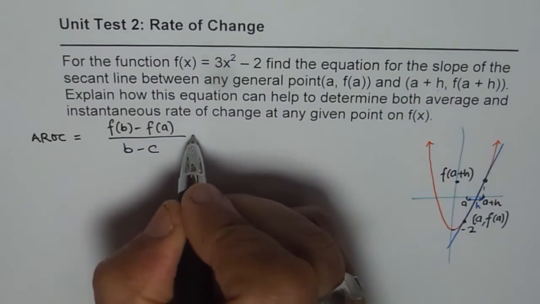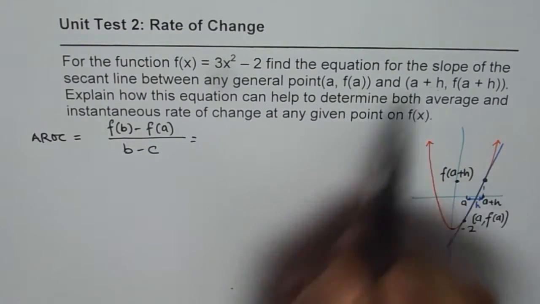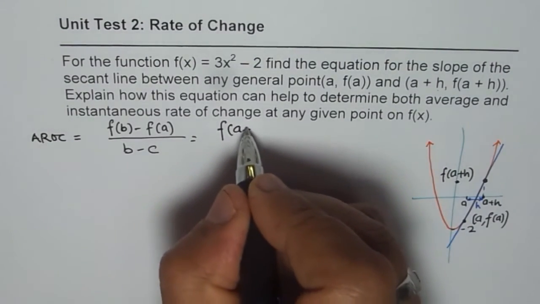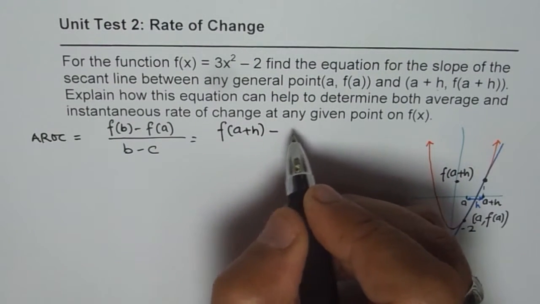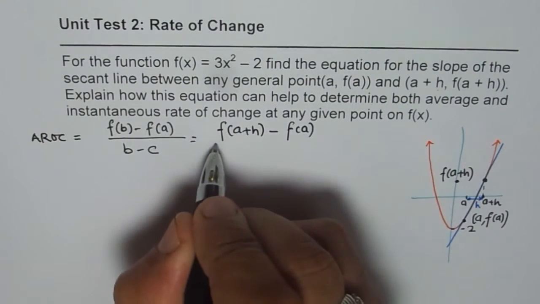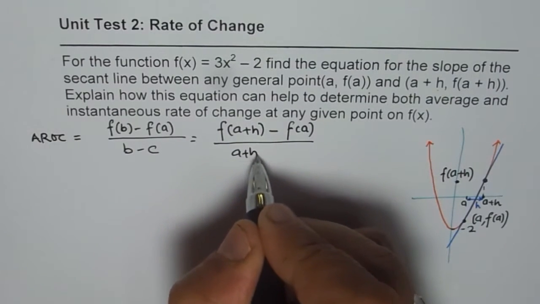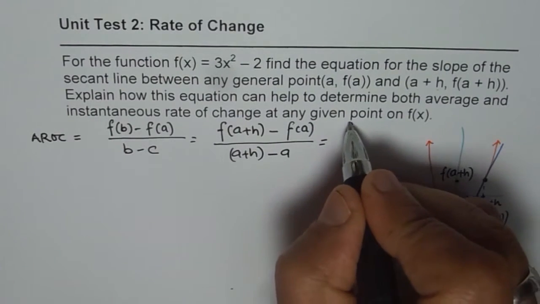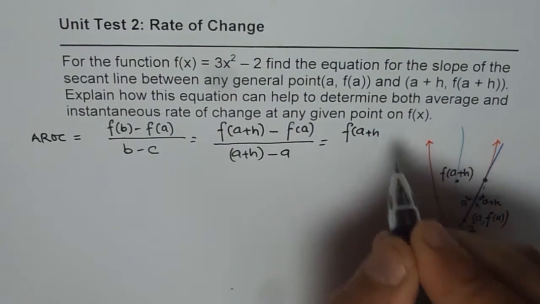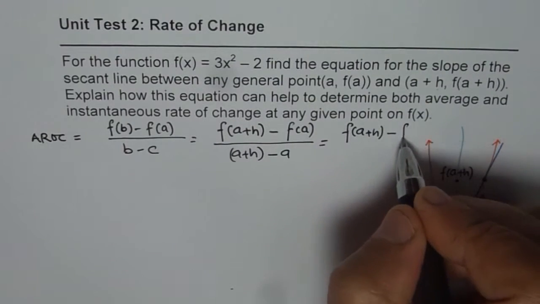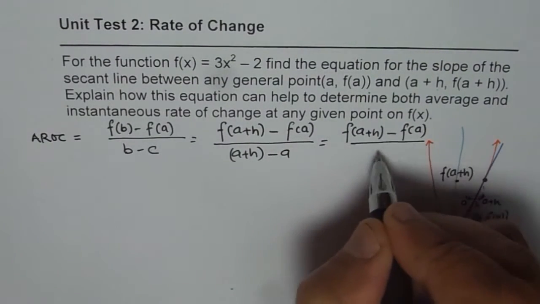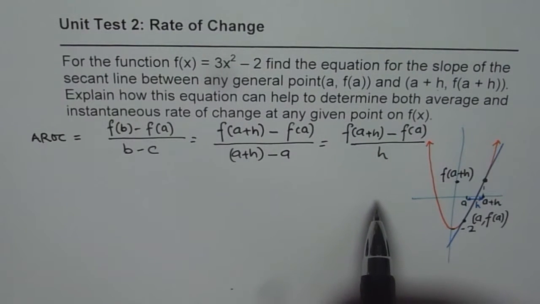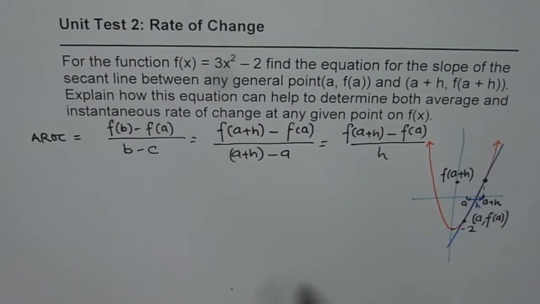In our case, our points are at a and a plus h, so the point b is a plus h, so we'll write this as f of a plus h minus f of a over a plus h minus a, right? Which can be simplified to the difference quotient formula. This is the difference quotient formula which you always use for finding rate of change, right?